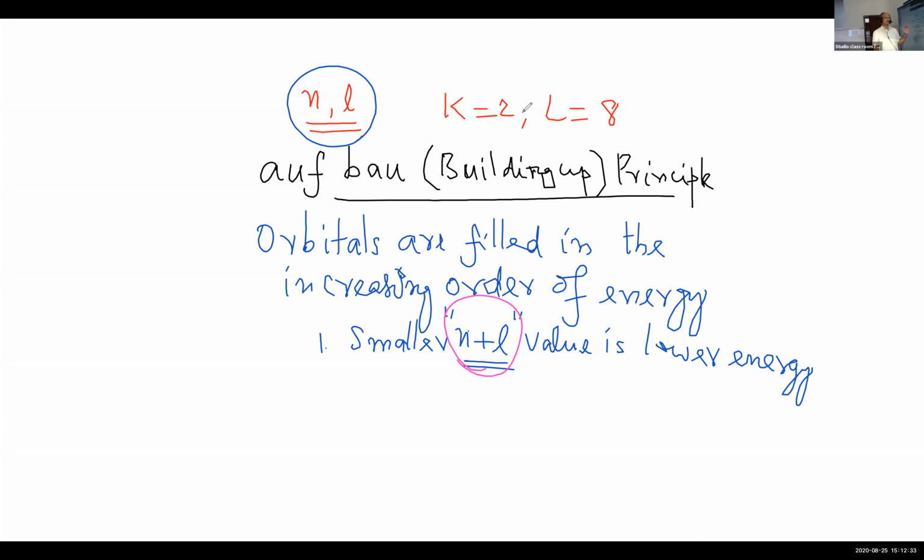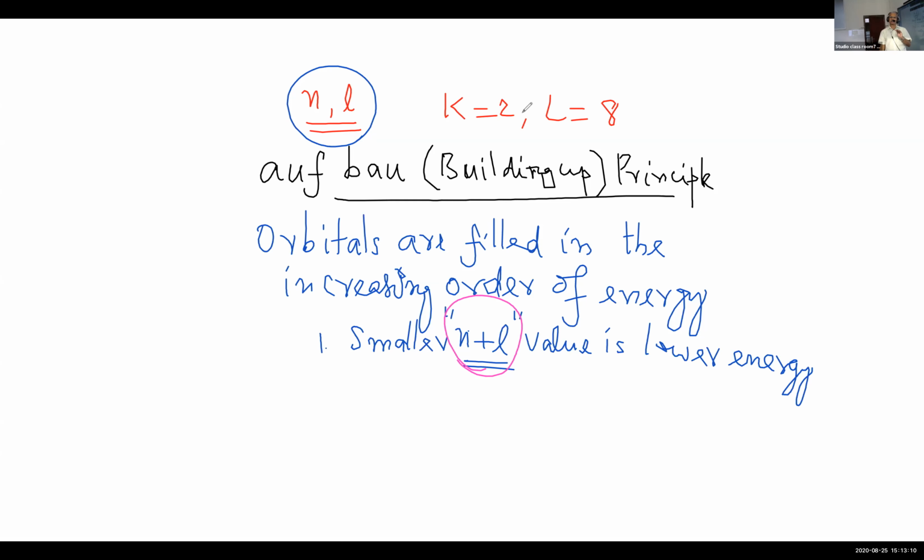First, the orbital with the lowest energy is filled, and if there is an excess electron, it enters the next higher energy level. If that level is filled, the excess electron enters the next higher energy level, like that.